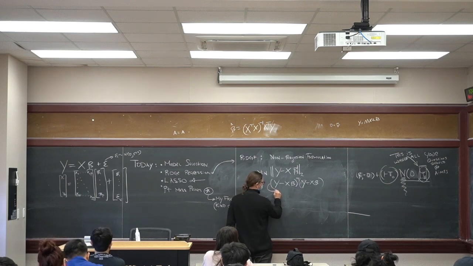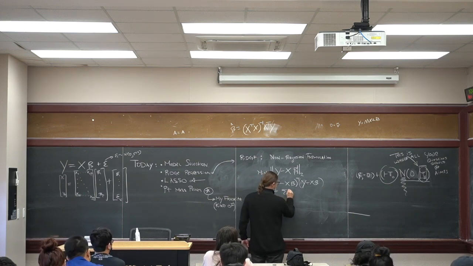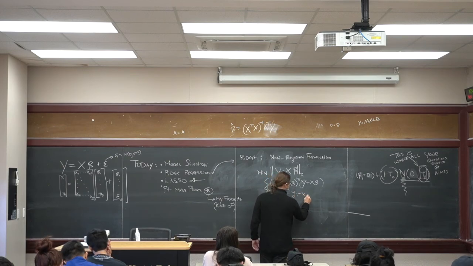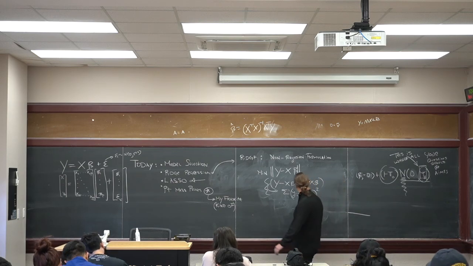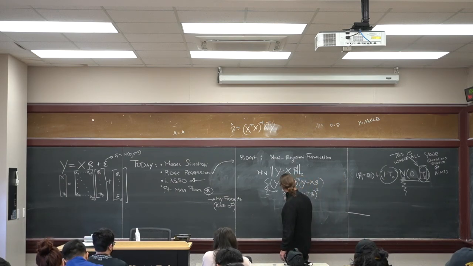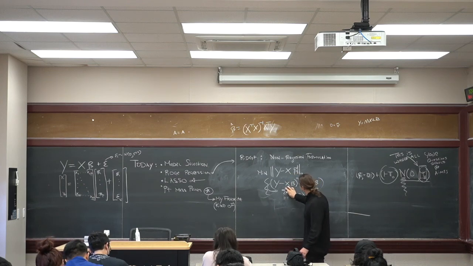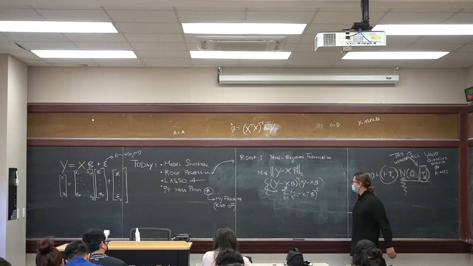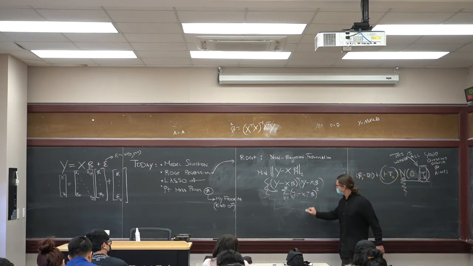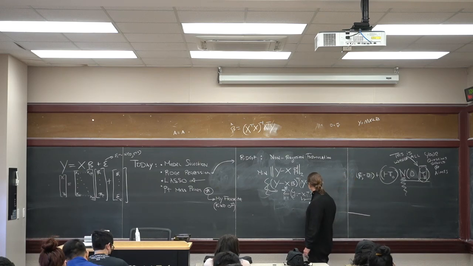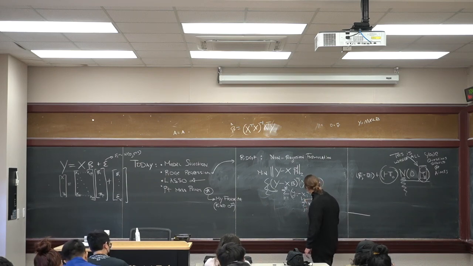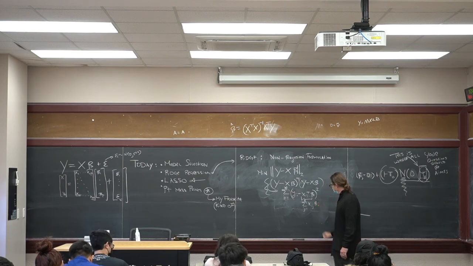So this thing right here is just equal to the sum of (yi minus xi transpose beta) squared, where i goes from 1 to n. I'm just taking the squared residuals. This reminds you that xi transpose beta is the sum over j from 1 to p of xij times beta j.